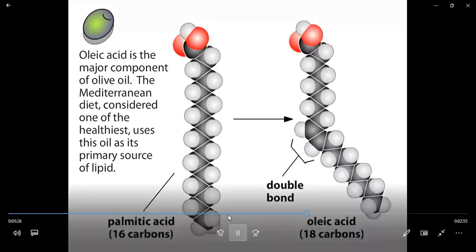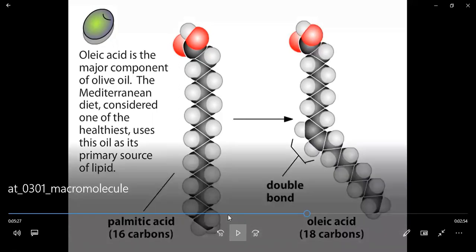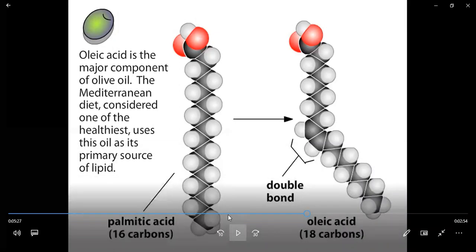So a saturated fatty acid will have all single bonds and will be a straight linear lipid. But when a double bond occurs in the chain, a kink forms. Kink means a twist in the long hydrocarbon chain.